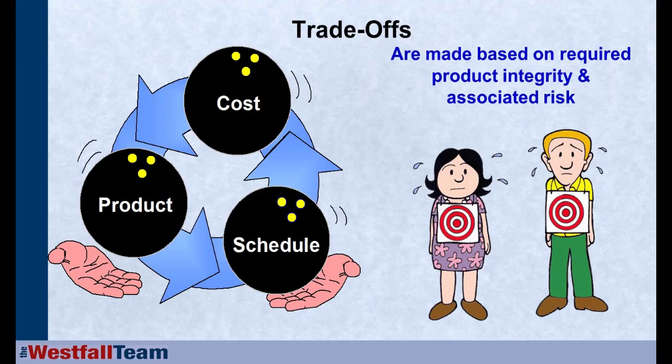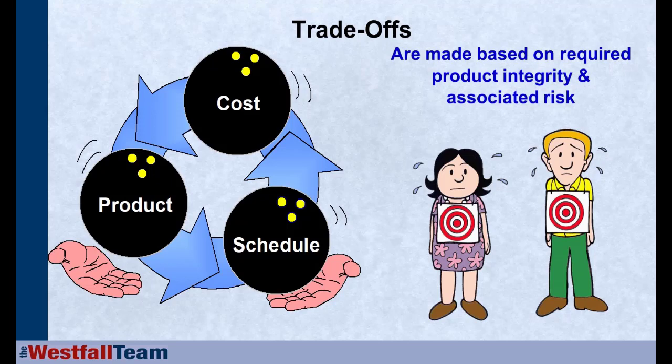As we all know, for any software development project, basically any project at all, you have the fundamental trade-offs of cost, schedule, and product. When we're doing V&V, verification and validation, we are very product focused.